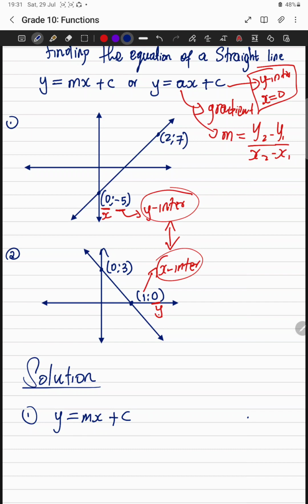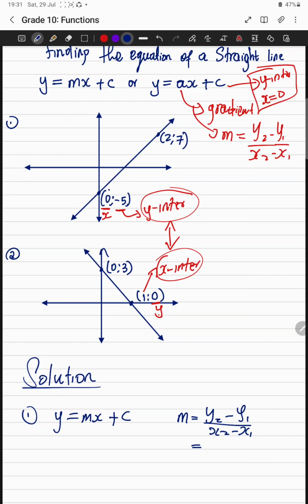So that means the gradient is m equal to y2 minus y1 over x2 minus x1. And then we can just number these values of x and y.